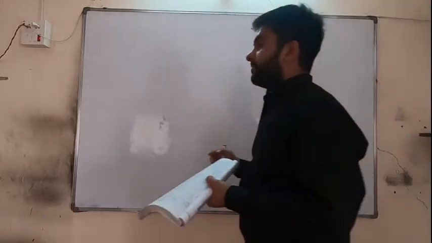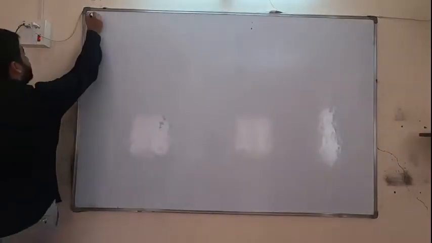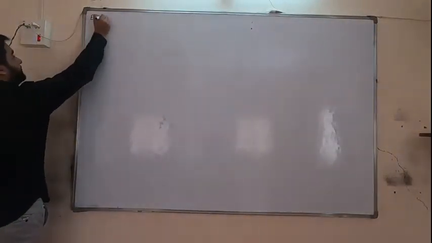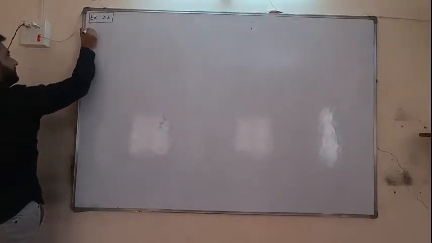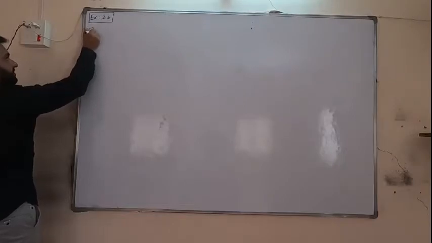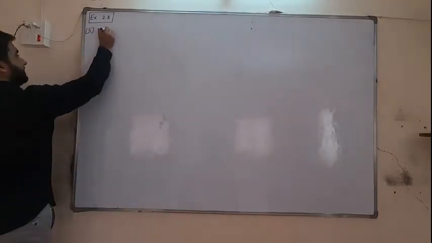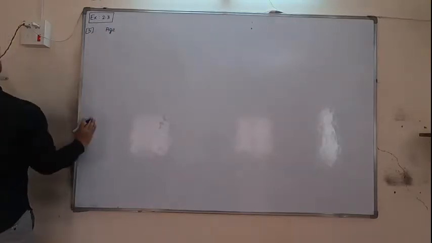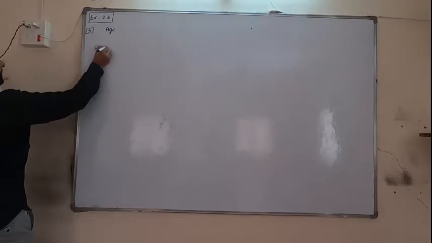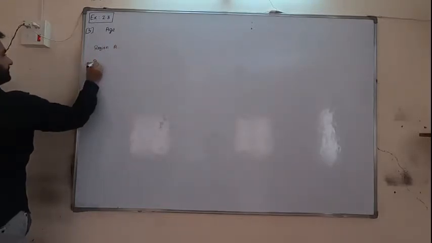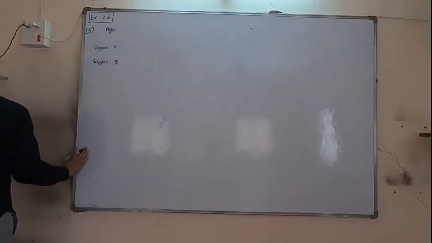So in our graph book, we will write exercise 2.3, sum number 5. First we will write the data: age, region A, region B.